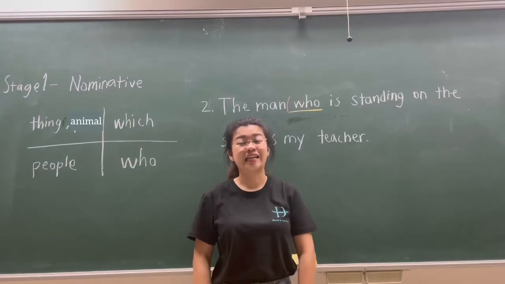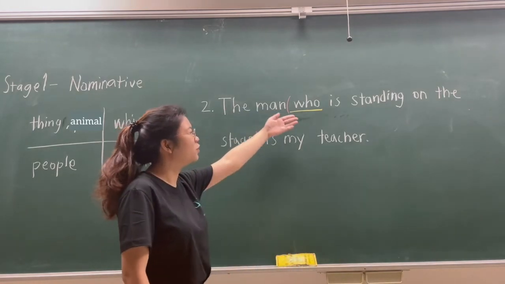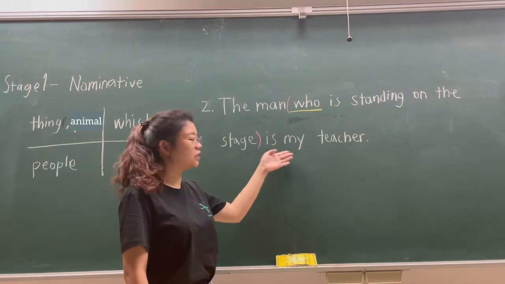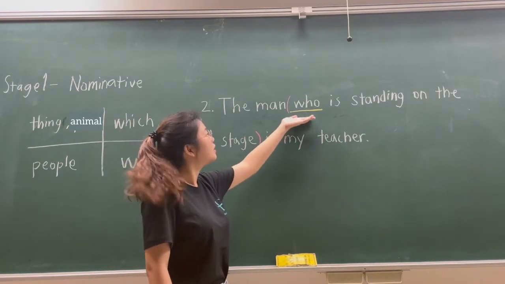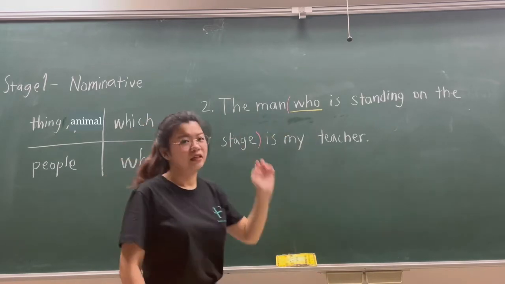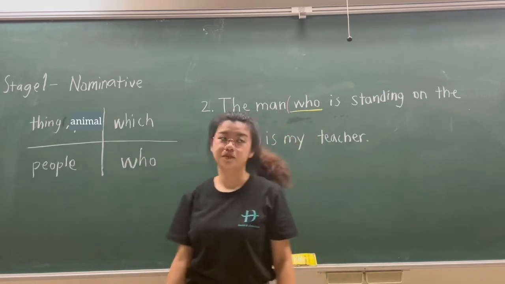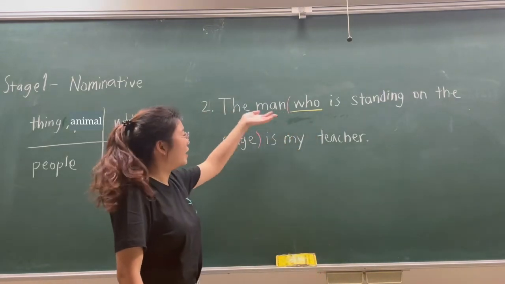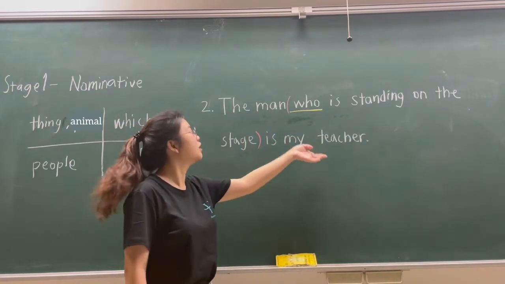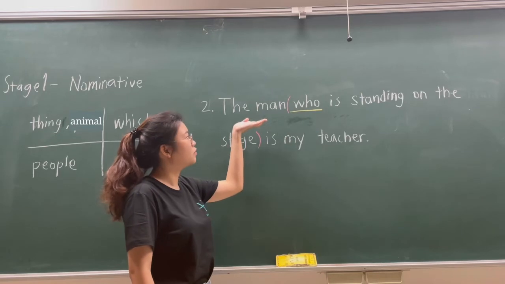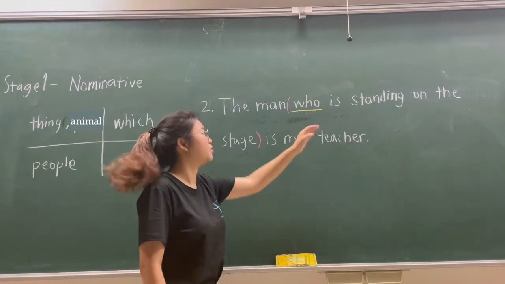Okay, and now let's see another example. The man who is standing on the stage is my teacher. The man is a person, so we use who. We use who to represent the man in the adjective clause.